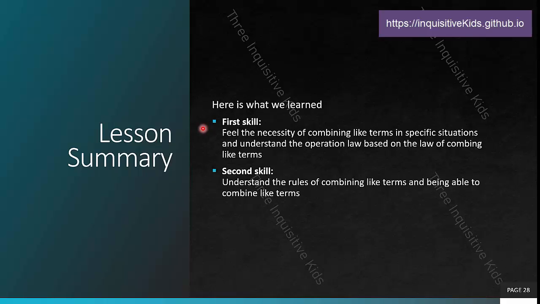We also learned the rules and we were able to combine like terms. This is something that you will need lots and lots of practice with. So you will always need to be practicing. Get some practice problems. Try to use some sort of method from combining like terms in some problems you meet later on because you need to practice it.